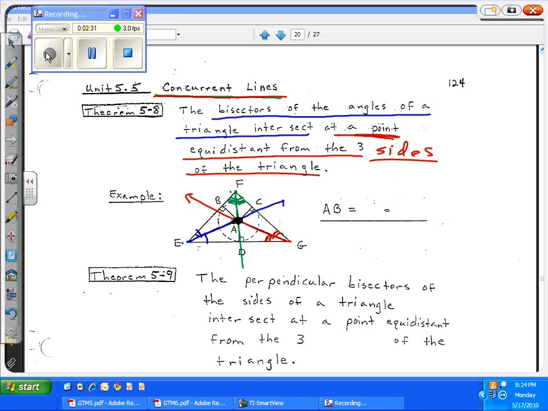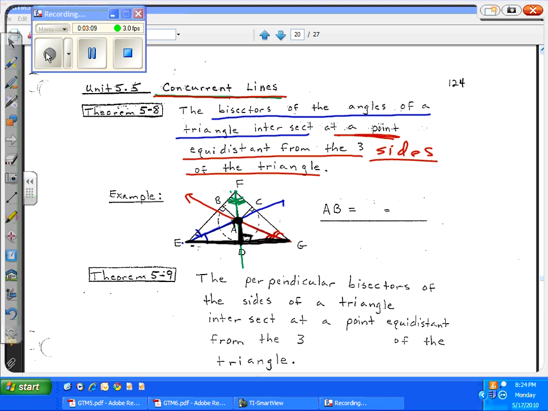point. The bisectors of the angles of a triangle are concurrent at a point such that that point is equidistant from the sides. Now, we've already defined the distance from a point to a line. The distance from that point of concurrency to this side is defined to be the length of the perpendicular segment drawn from the point to the line. So, segment AD is the distance from the point to side EG.